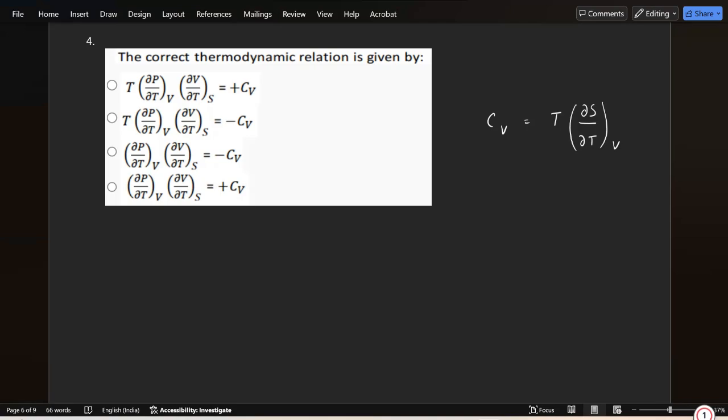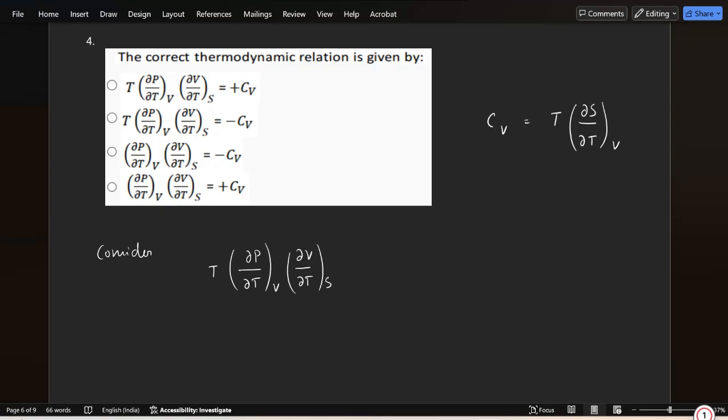First we'll consider these equations. We'll take this equation, del P by del T at constant V, del V by del T.